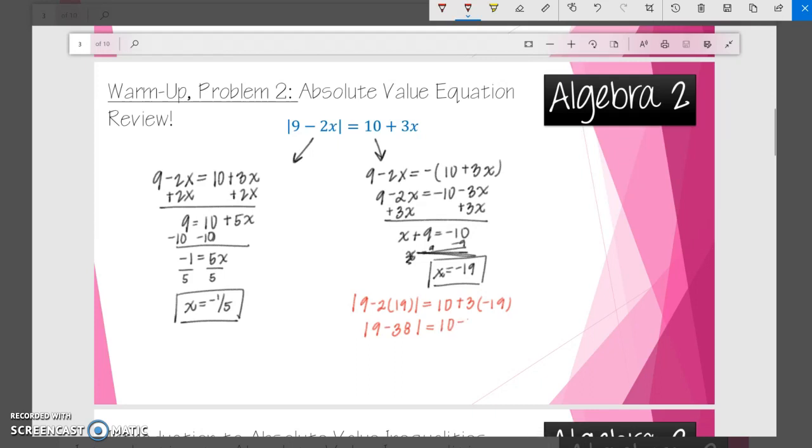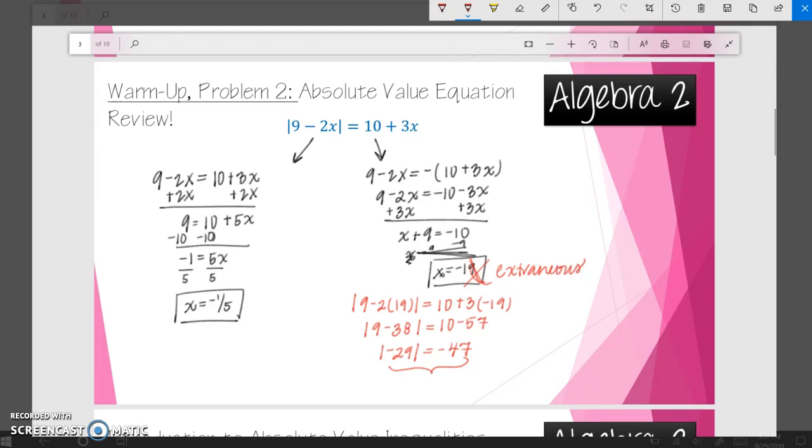So here I'll have 10 minus 57. Inside my absolute value bars, when I take 9 minus 38, I'm going to get the absolute value of negative 29. And on the outside here, I'm going to get 10 minus 57, which is going to give me negative 47. Now, these two sides of the equation are obviously not true. So this expression is going to be an extraneous one.